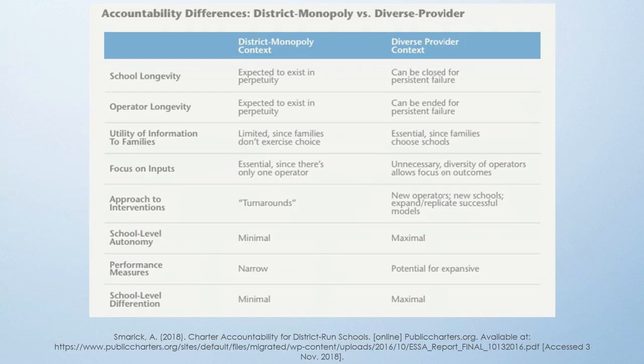If district-run schools persistently fail, or if the district as a whole persistently fails, they can be replaced because there are now other options available to students. Neither the district nor any of its schools needs to have a privileged place in the education landscape. They can be judged just as charters are by their performance.